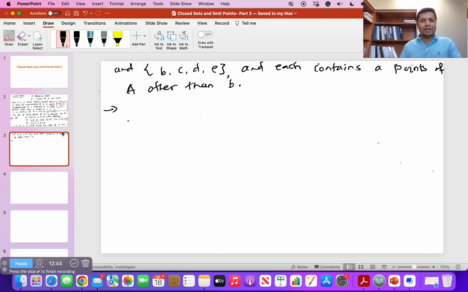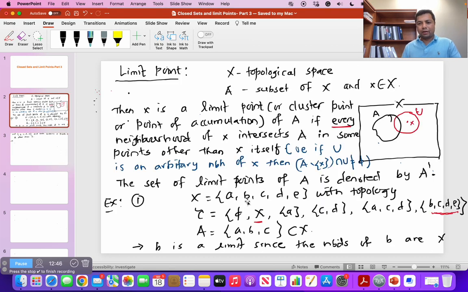So here we found that B is a limit point.